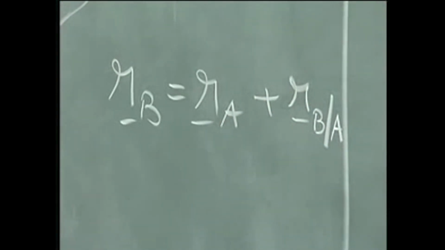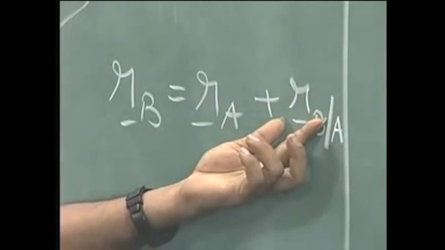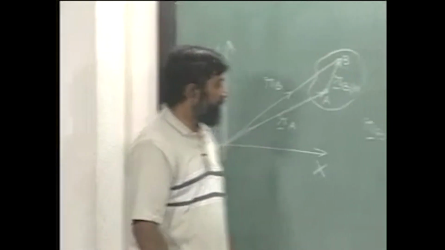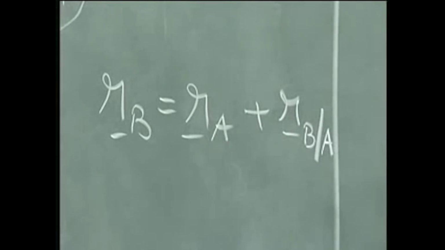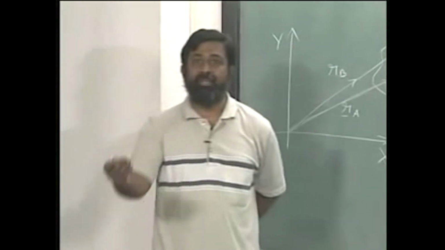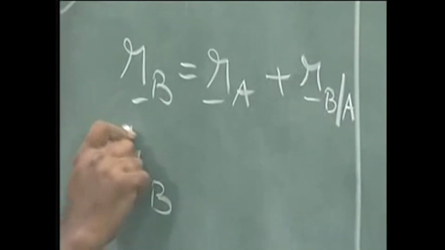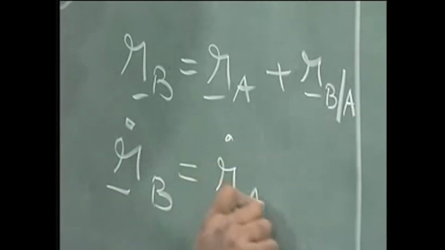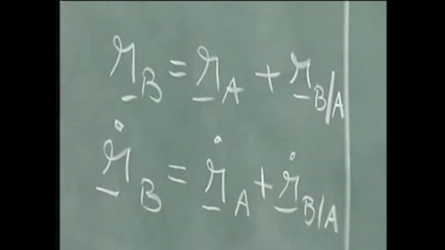Okay. So, we have written a relative position of any other point with respect to one of the reference points on the solid. Okay. Having done this, if I have to find out the velocity relationship between these, that should be simple. All I have to do is to take the time derivative of these. Okay. And that is r dot B equals r dot A plus r dot B with respect to A. Okay.